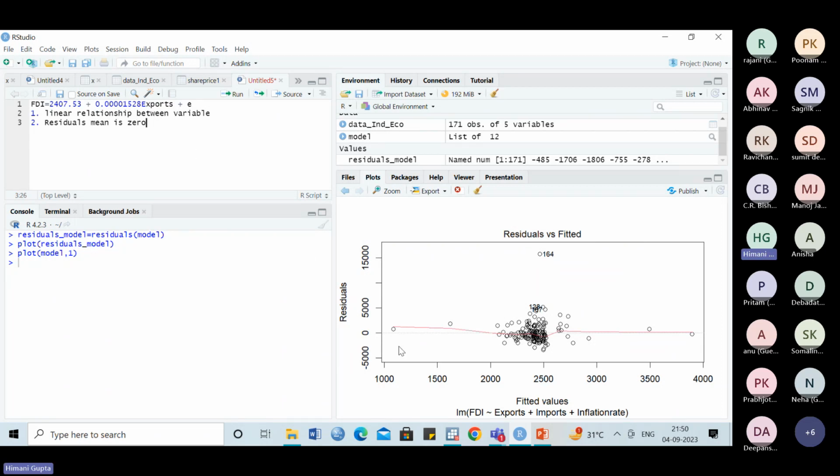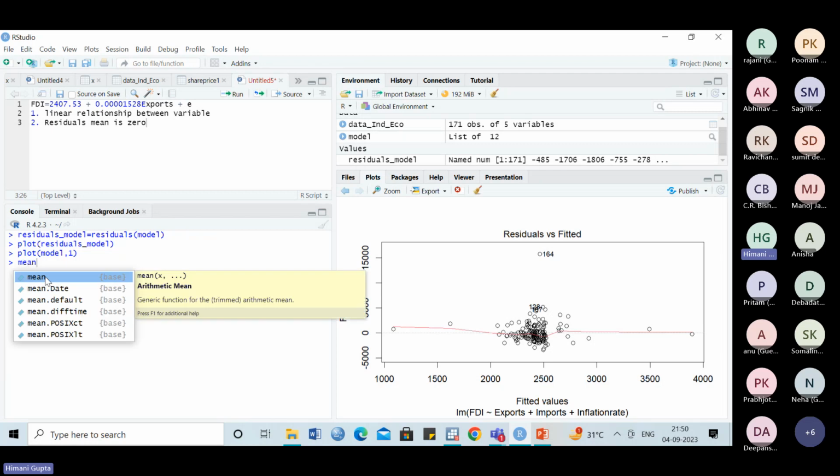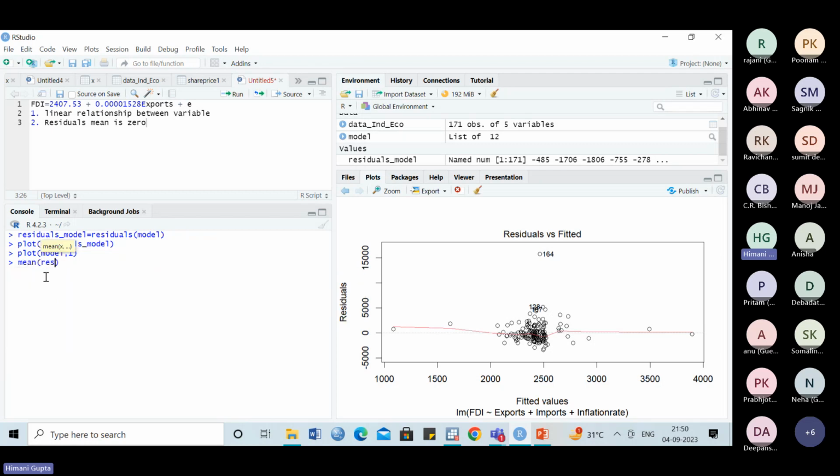So now what we observe with this diagram is that the mean is near about 0. Either you can make the diagram with the help of the same command, plot(model, 1), or you can directly write the mean of your residuals. And the name of the residual variable is residuals_mean.